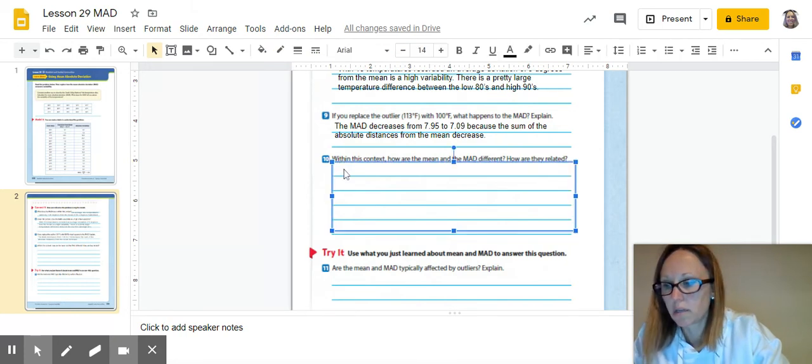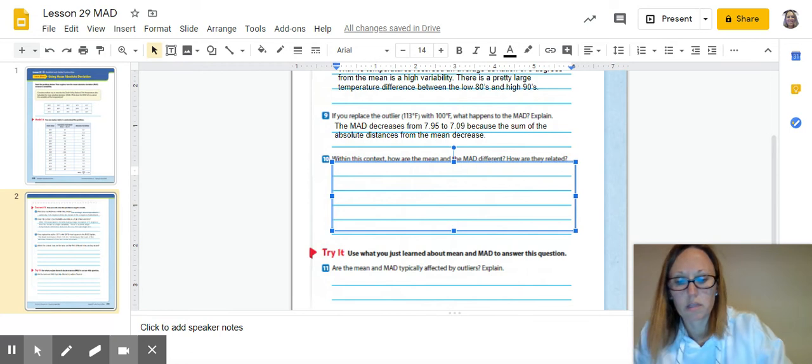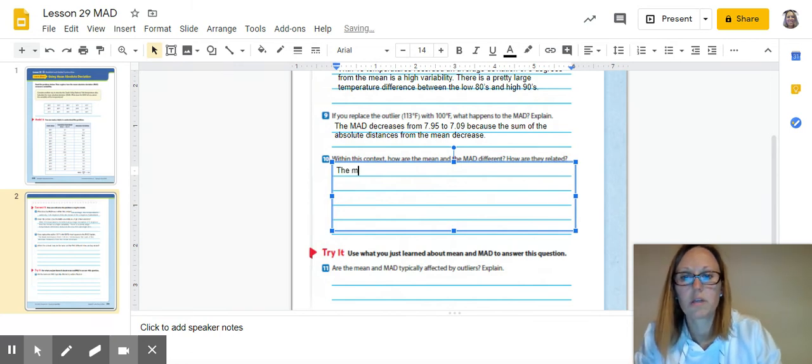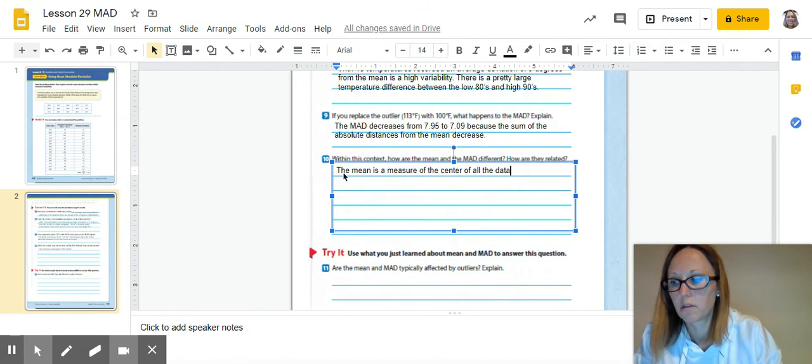All right. Well, the mean is a measure of the center of all the data values.